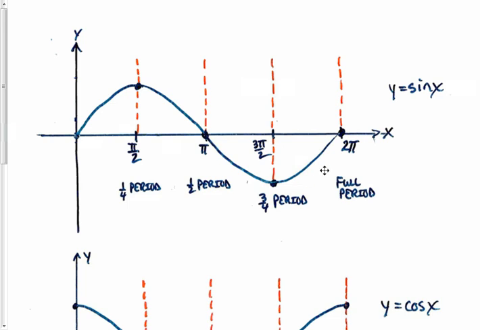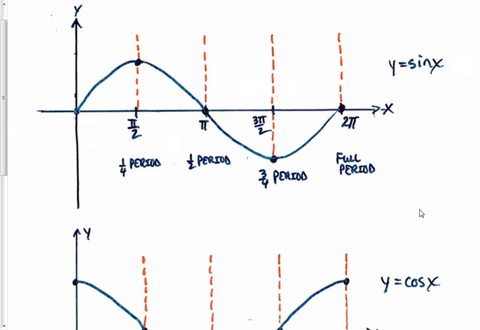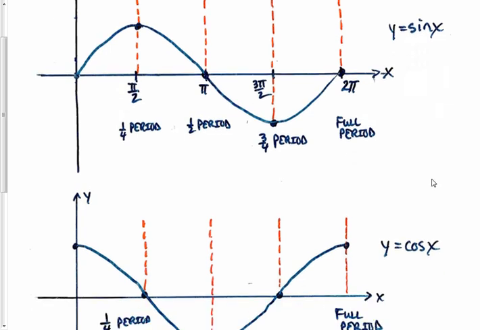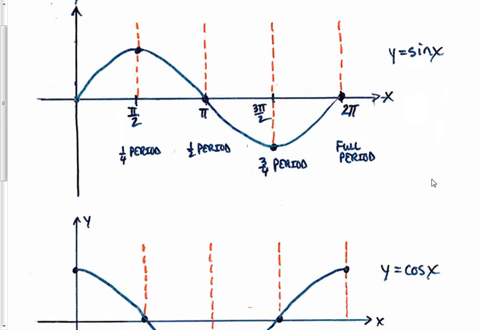And then in this last quarter, it moves back up to the original position, back to an x-intercept. Now, those four important x values, 0, pi over 2, pi, 3 pi over 2, and 2 pi, are also important in the cosine function, but different things happen.